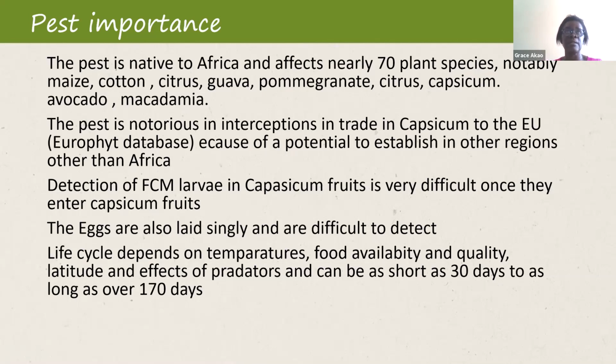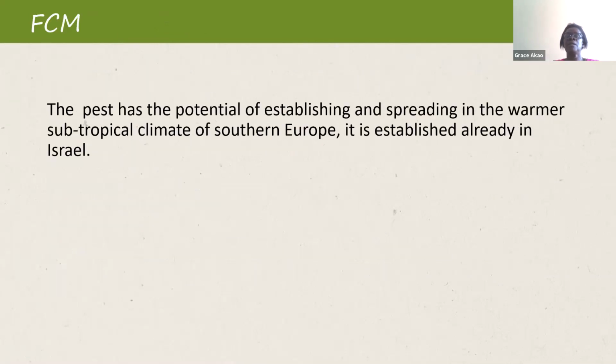That can have a bearing on how you plan your surveillance. The pest has the potential to establish and spread in the warmer subtropical climates of Southern Europe. I already mentioned this, and this is why the EU is so strict.